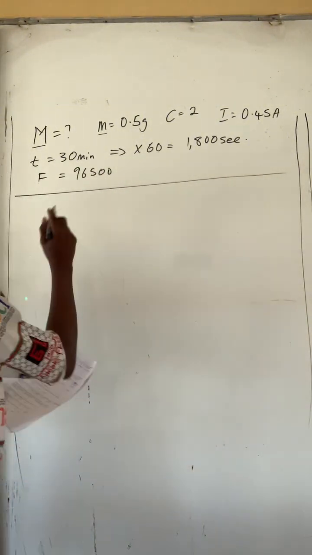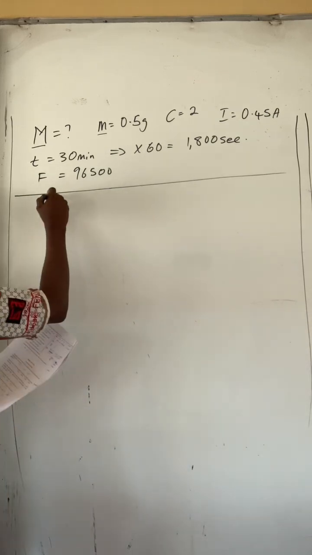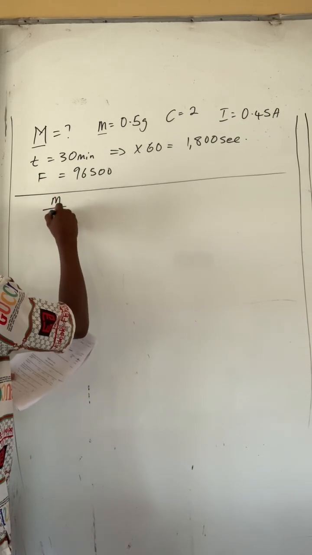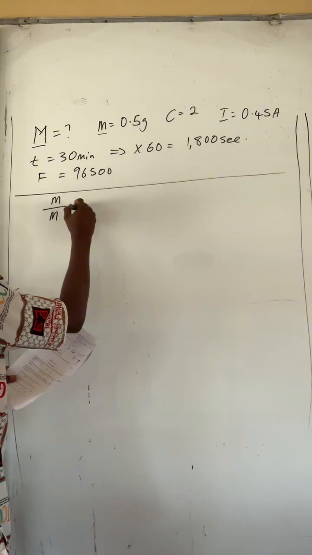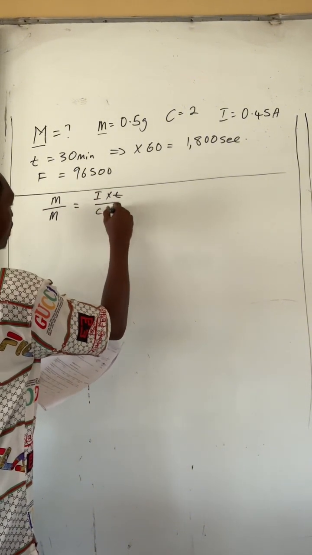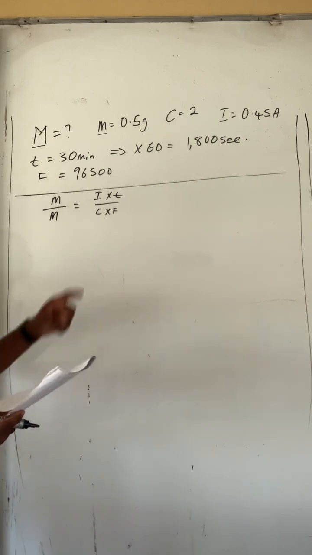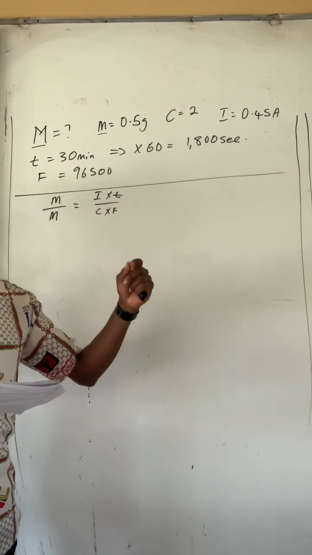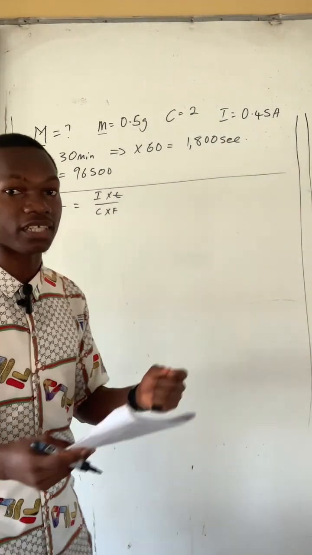Recall that the formula for Faraday's is the mass over the molar mass, which is the relative atomic mass, is equal to the current times time all over the charge times Faraday's constant. And we also know that I times t is also equal to Q, the quantity of electricity passed through.